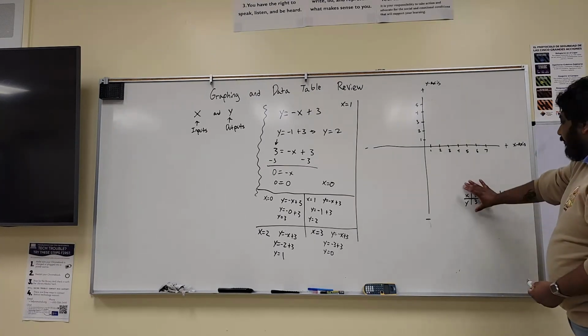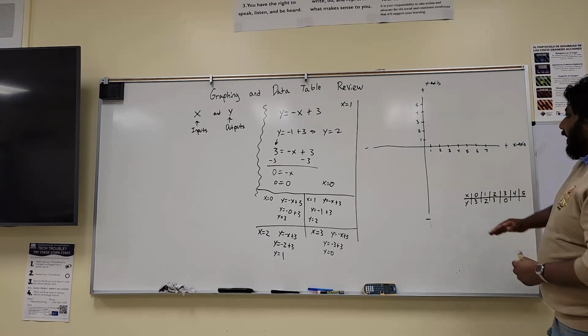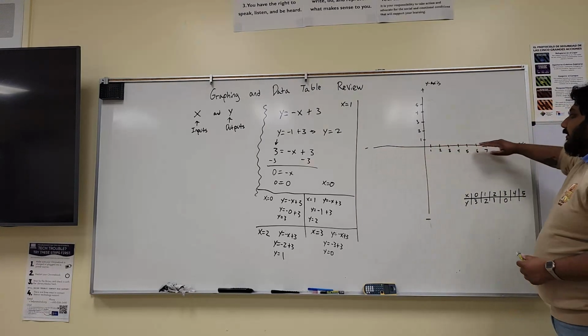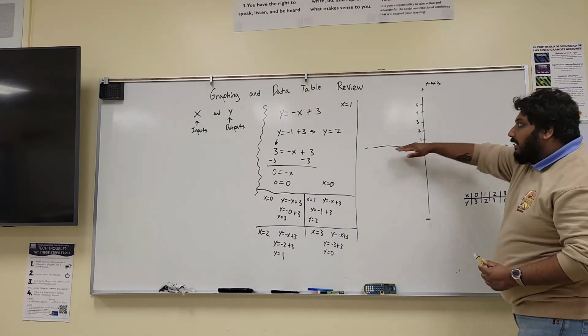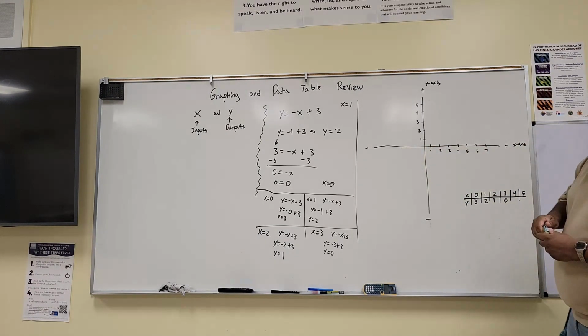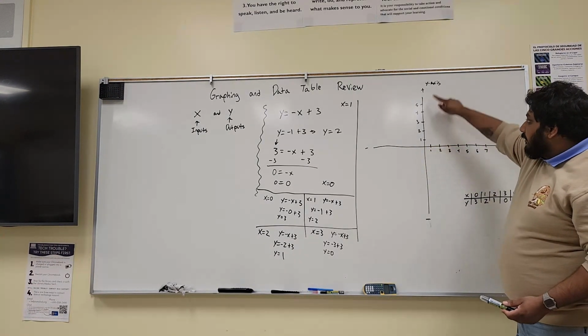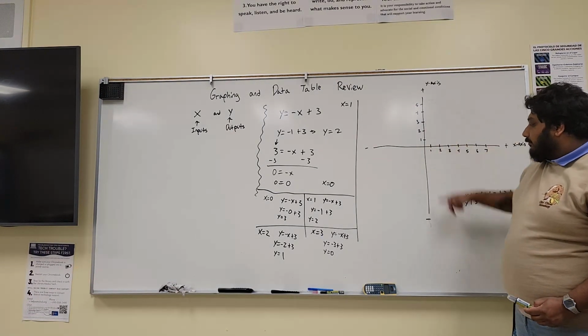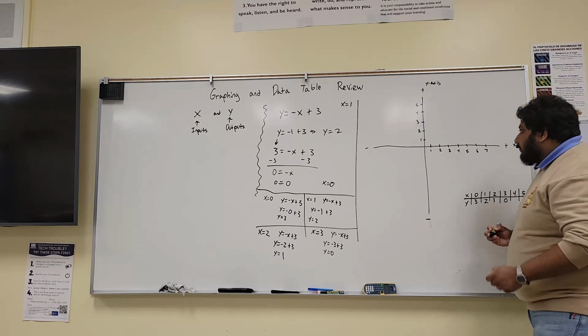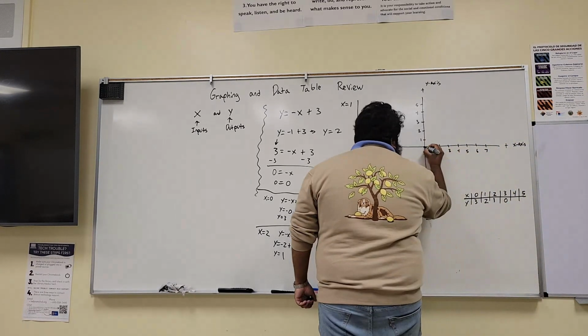So we have our table now. It's partially filled out. We have our x-axis, which is always going to be our horizontal axis. It's always going from left to right. And then we have our y-axis. This is the number line where all the y values live, going up and down. 0 is in the middle.